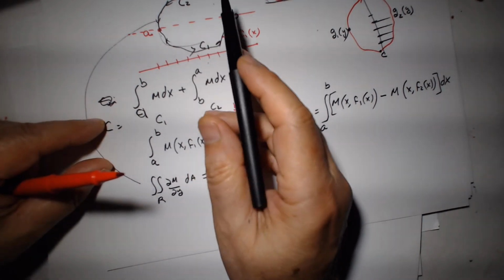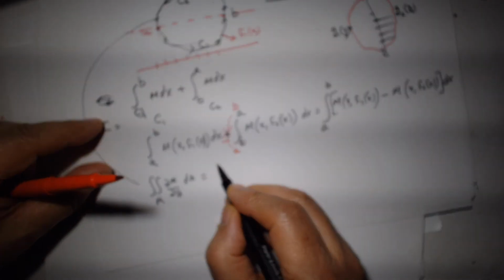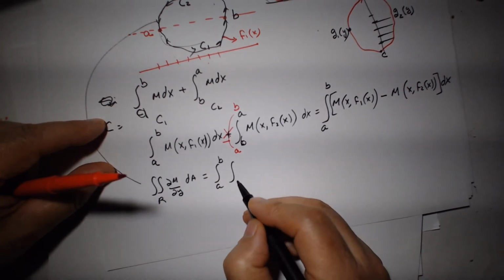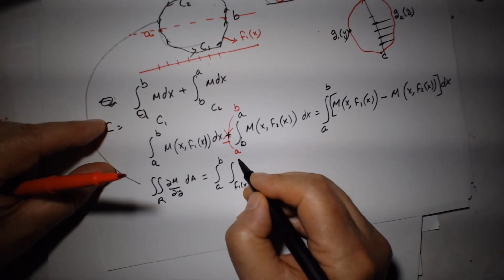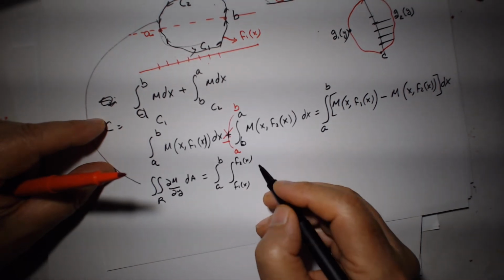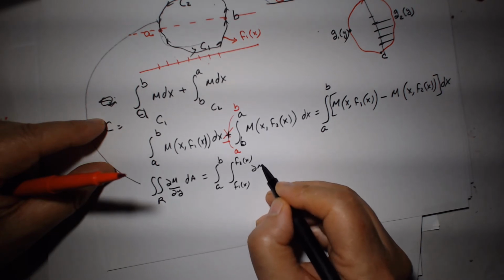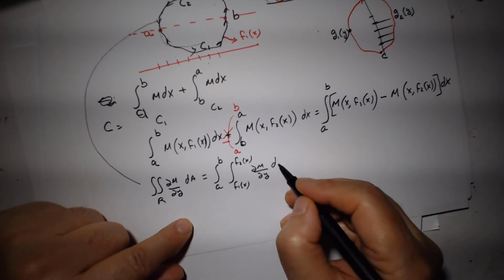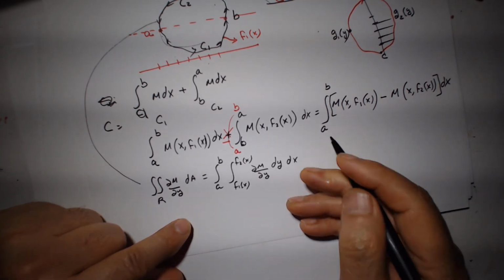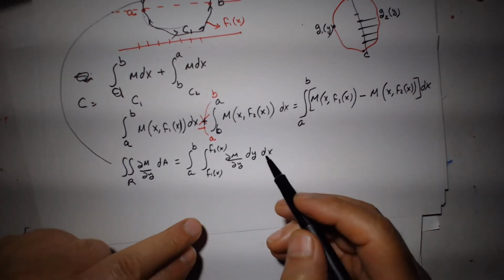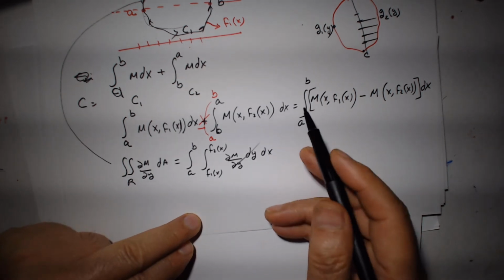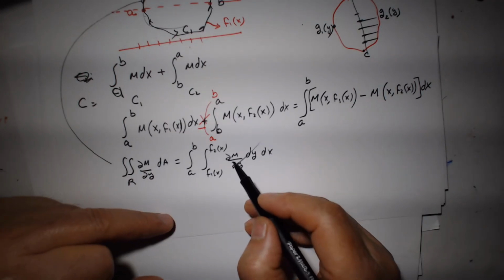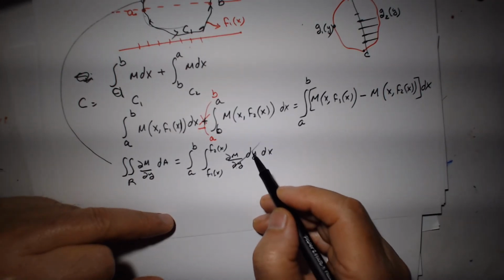Since my x is fixed and my y varies, I put my x from A to B, but my y is going from F1 of x to F2 of x, and that becomes partial M, partial y, and because y varies and x is fixed, I put the dx at the end. In order to integrate, I need the differential. But remember, this is partial M, partial y, dy, they are gone.